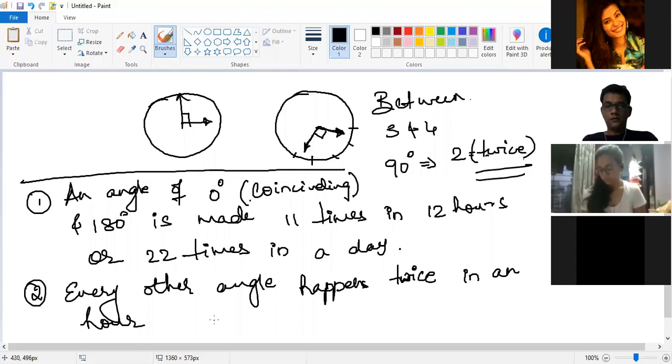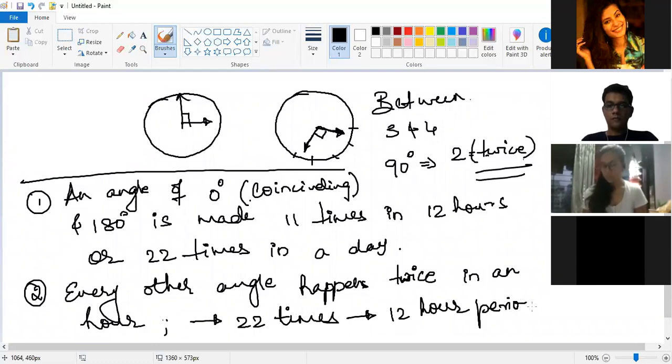Every other angle happens twice in an hour, which means it happens 22 times in a 12-hour period. In 12 hours, it happens 22 times, which means in a day, that is in 24 hours, it will happen 44 times.